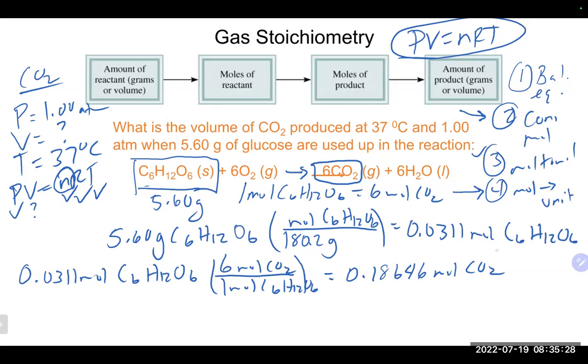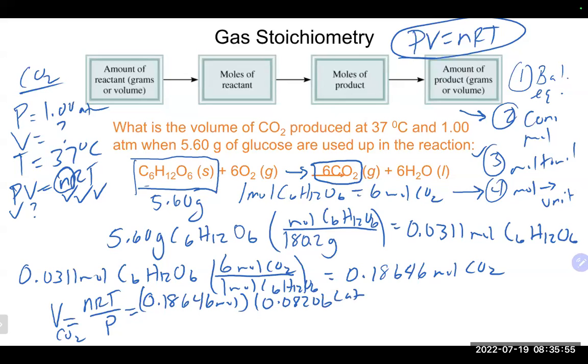So now that we've got the moles of CO2, this is again where we will actually use the ideal gas law. In this case, we're interested in volume. So volume would equal nRT divided by P. And all this is for CO2, obviously, at this point. Putting in our moles that we just calculated using stoichiometry, 0.18646, using our gas constant there, and our temperature, which we do obviously need to convert into Kelvin.